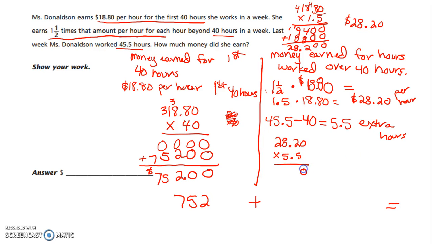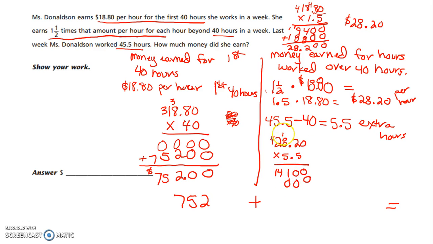Okay, 5 times 0 is 0. 5 times 2 is 10. Put down a 0, carry a 1. 5 times 8 is 40, plus 1 is 41. 5 times 2 is 10, so that gets me to a 14. 0 placeholder. 5 times 0 is 0. 5 times 2 is 10.